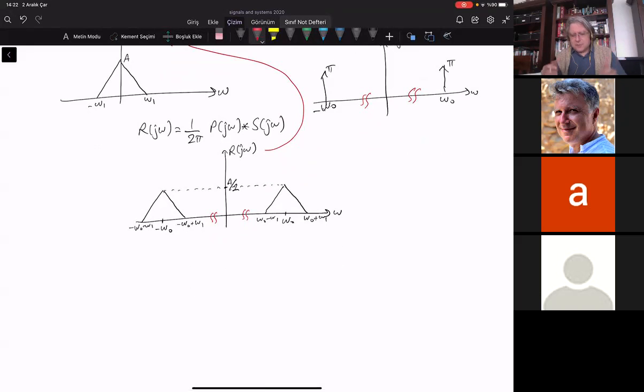There are other ways of making communications. The demodulator first applies a filter around the desired radio station. So you tune to the station, which means you're first applying a bandpass filter around omega 0.